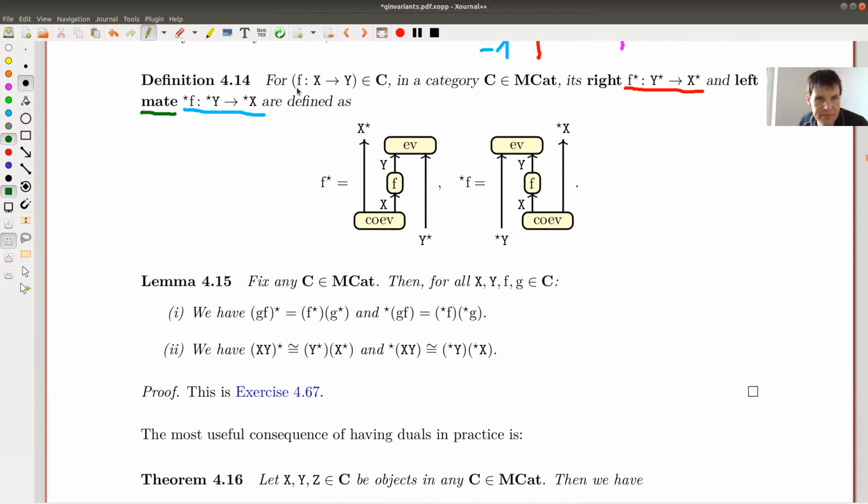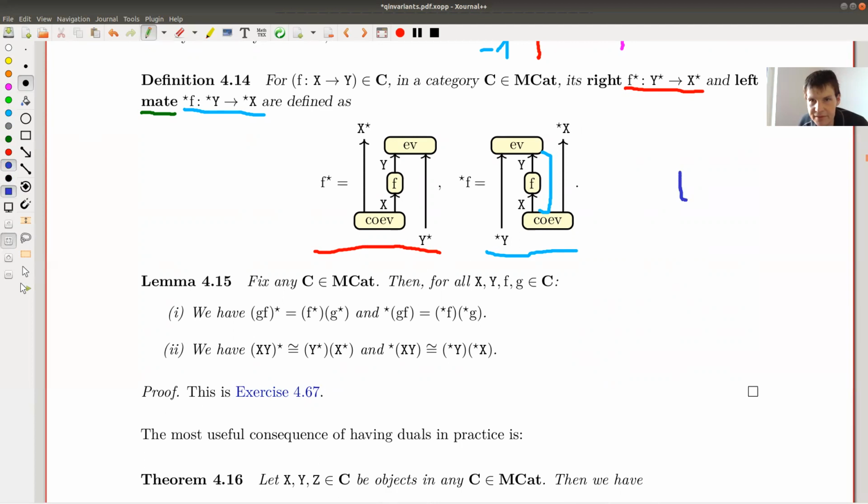If you have a morphism f from x to y, you get a morphism in the opposite direction by using those two pictures and the blue one. Let me try to explain the blue one. So f sits here in the middle. It's a morphism from x to y, and you can compose it with the evaluation or the co-evaluation to get a morphism from y dual to x dual.